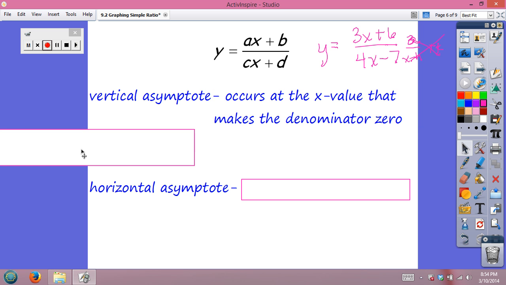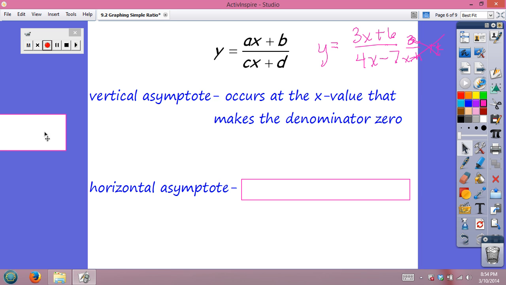If we look at the vertical asymptote of this form, we want the value where x makes the denominator 0. So we're going to solve the denominator for 0 for x. If we set it equal to 0 and solve for x, we get x equals negative d over c.